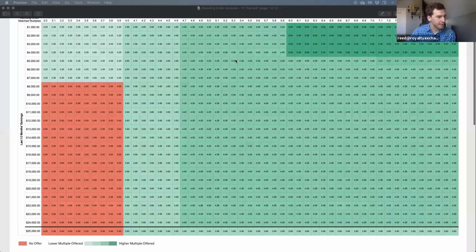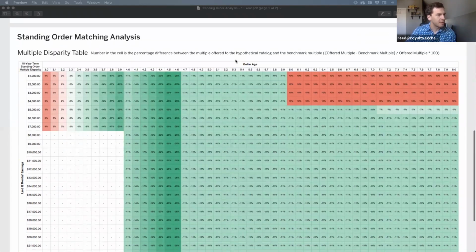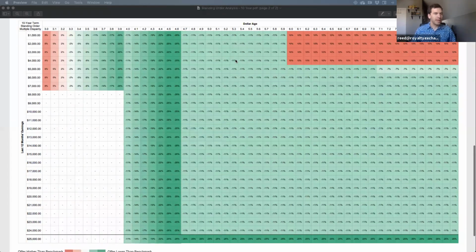We can answer with the next table, which I've called the multiple disparity table. The way this works is we've taken the multiples that were being offered in the table above, compared that to our analyst benchmark price for these hypothetical catalogs, and then found the percentage difference between those two numbers.